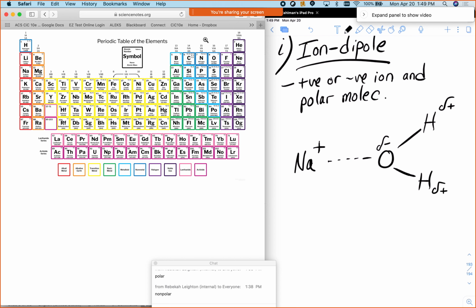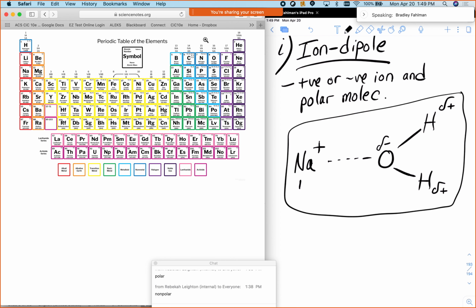And so this would be an example of an ion dipole force. Dipole just means that it has a charge on one end of the molecule.